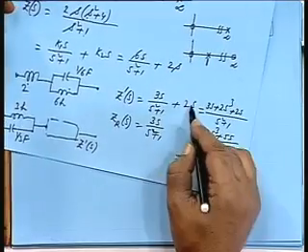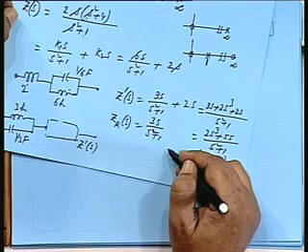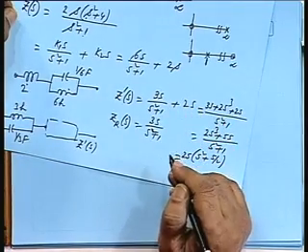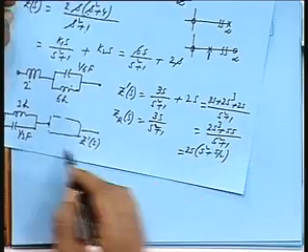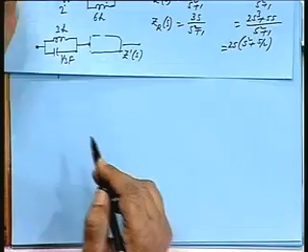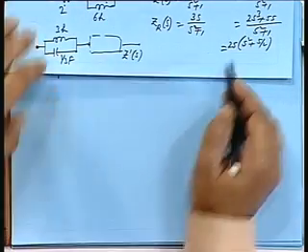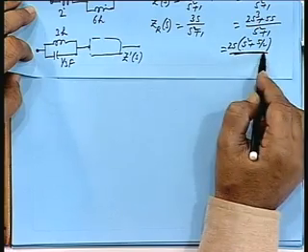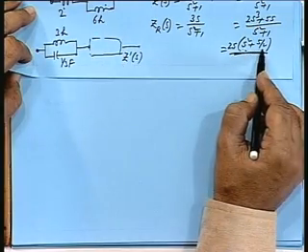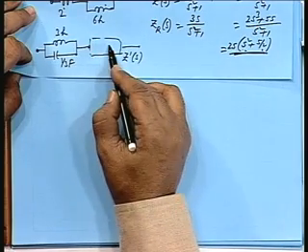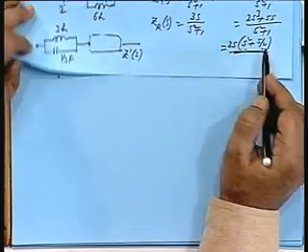Let us see now, instead of 2s, if I take s, what happens? I remove only 1 Henry inductor and the rest of it I retain. Now, here I have created a 0 in Z1 dashed s, which is at root 5 by 2. So, this element is having a 0.